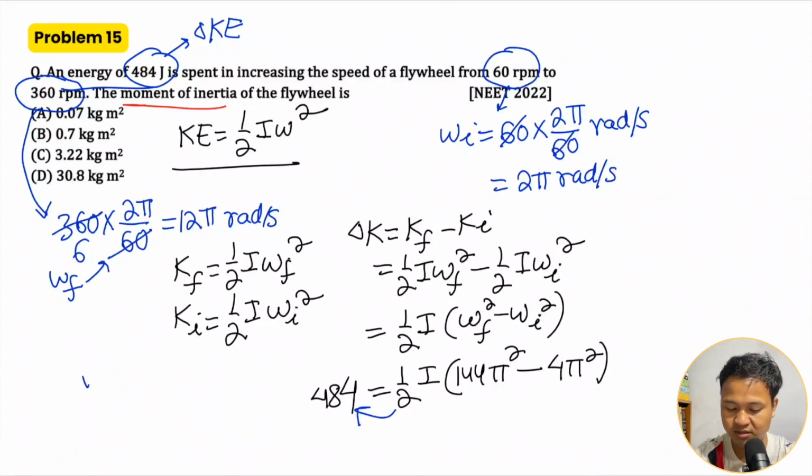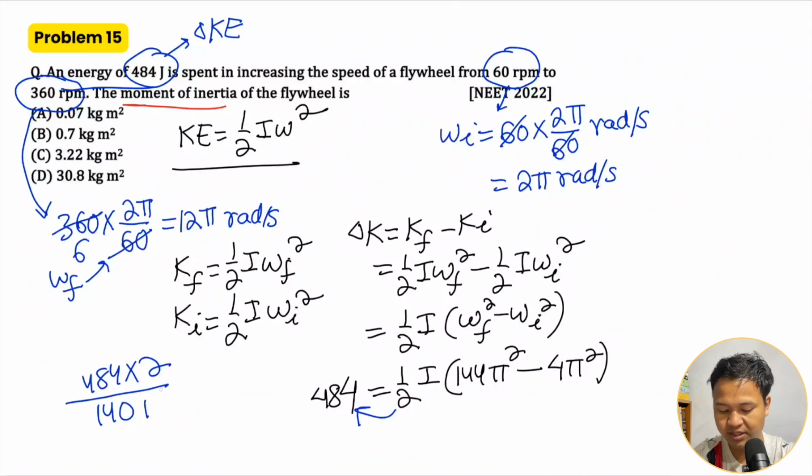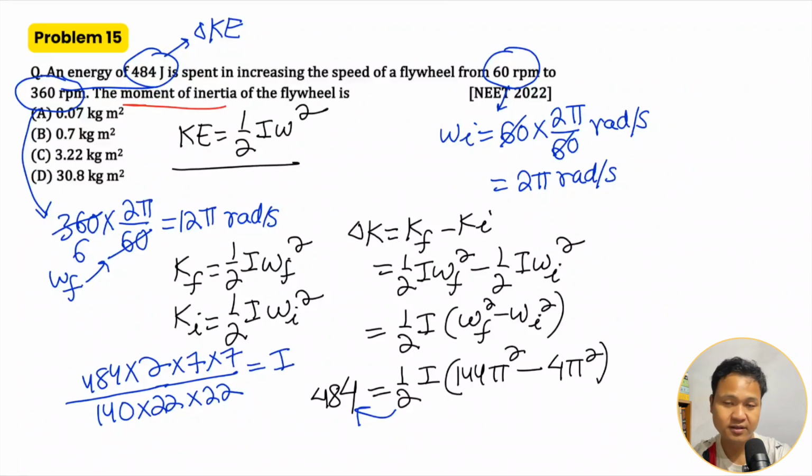I will have here 484 into 2, divided by 144 minus 4, which is 140 pi squared. Pi is 22 by 7, so pi squared is 22 by 7 squared.